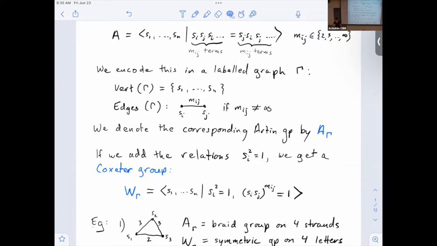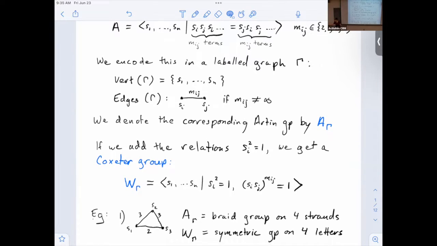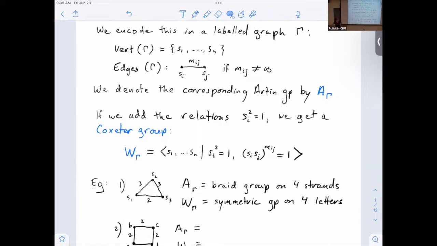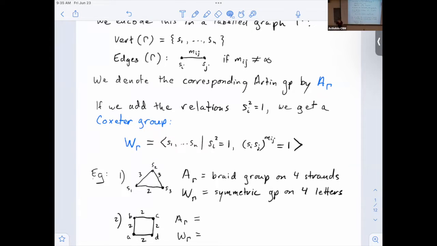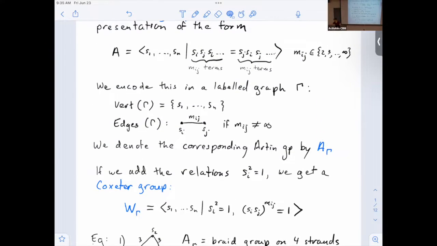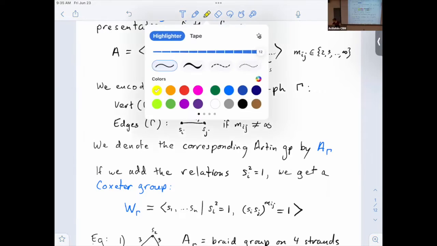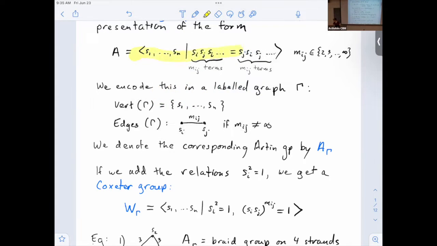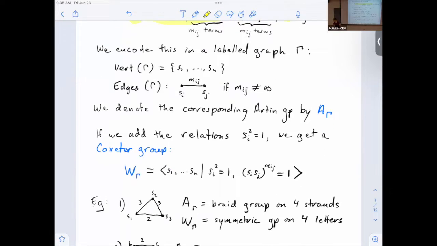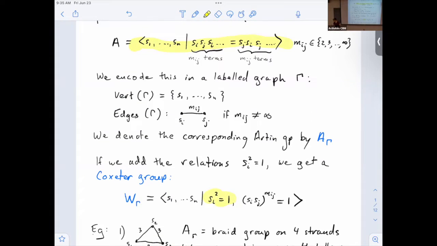As I discussed in more detail in my previous lecture, Artin groups are very closely related to Coxeter groups. Namely, if we take this presentation and add just a single relation, then what we get is a Coxeter group. By the way, I probably shouldn't have written it that way.